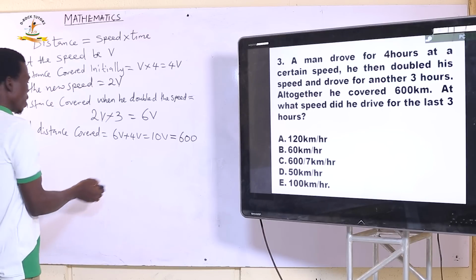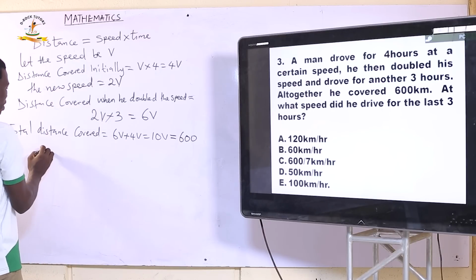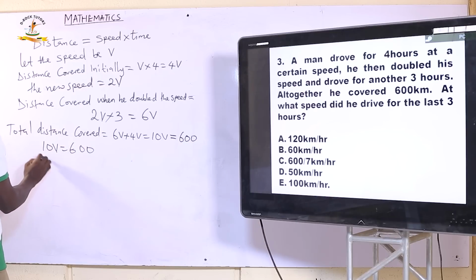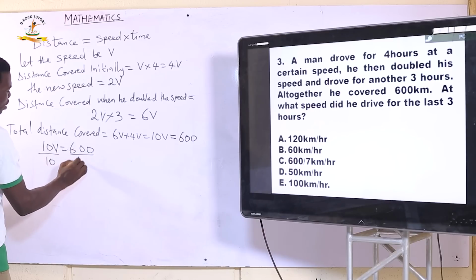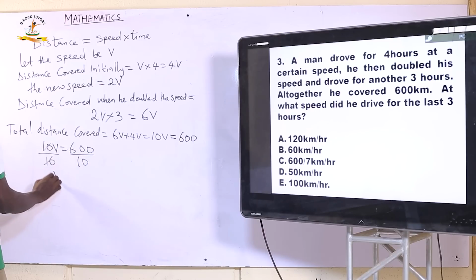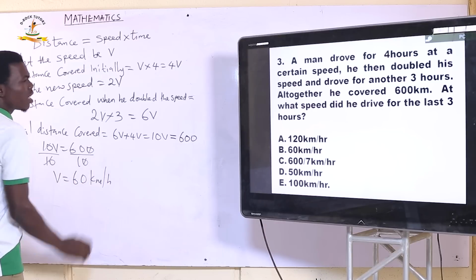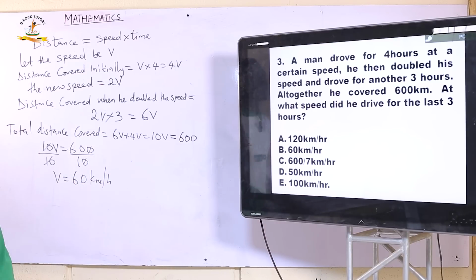And what does it mean? It means 10V equals 600, then dividing both sides by 10, what do I have? I have V equals 60 kilometers per hour. That was the speed he was initially moving at.